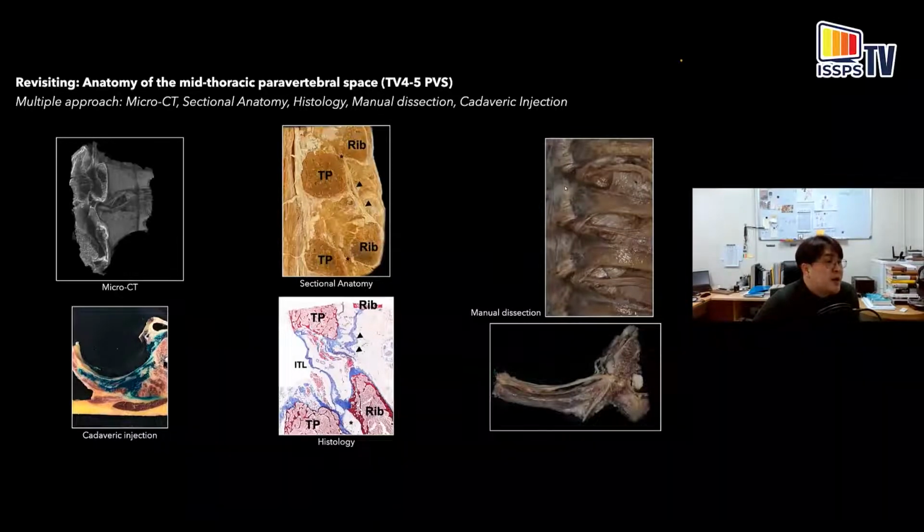Of course, conventional manual dissection would still be the most intuitive method. In addition, an injection study could give us important clues. By all these approaches, we tried to revisit the PVS anatomy. We tried to verify previous findings robustly and to present the three-dimensional anatomy of the PVS more intuitively.